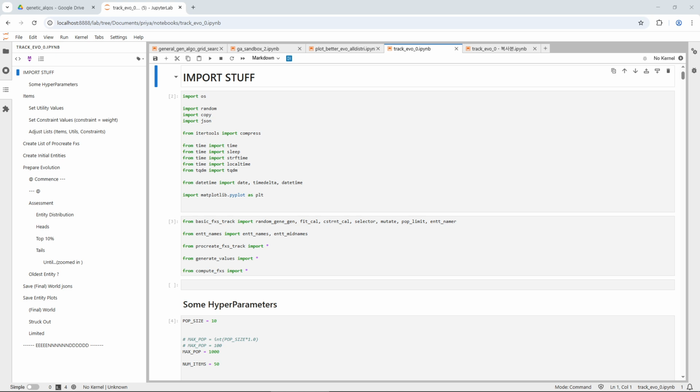Today is the start of something new, or maybe not that new, but a new way of doing things. And what I mean by doing things is evolving entities, or helping them evolve.